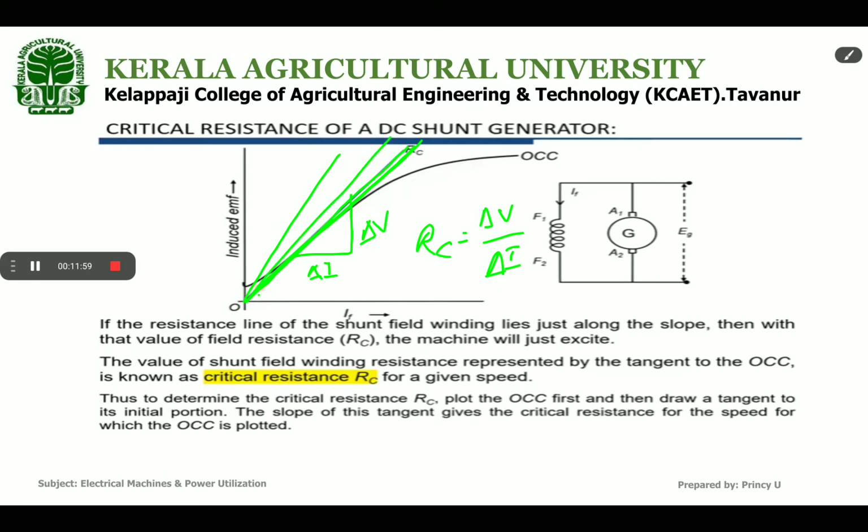When we draw a line which touches the OCC characteristics at a particular value of field resistance, the machine will just excite. The value of shunt field winding resistance represented by the tangent to the OCC is known as the critical resistance. So the resistance of this line is RC, which is the critical resistance for a given speed.